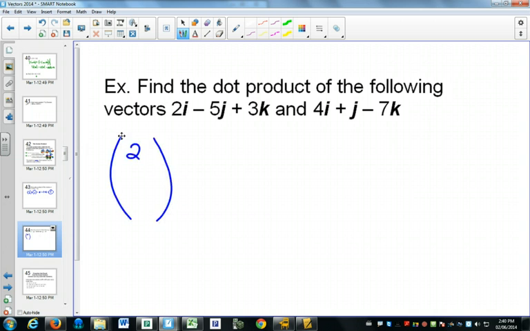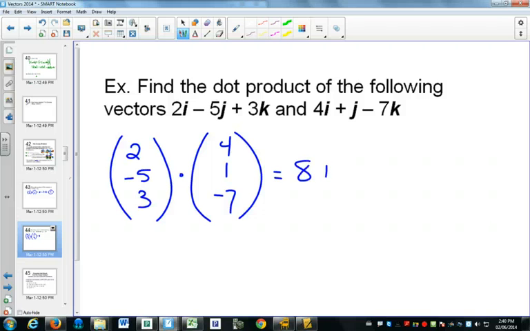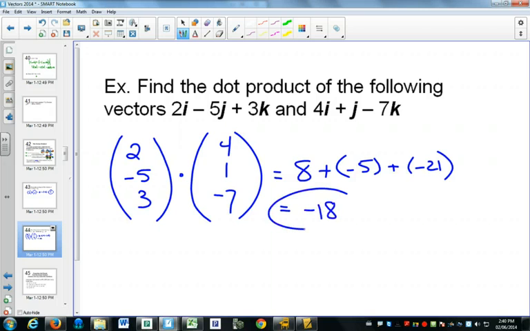All right. 2, -5, and 3, dot product with 4, 1, and -7. 8 plus -5 plus -21. -18.